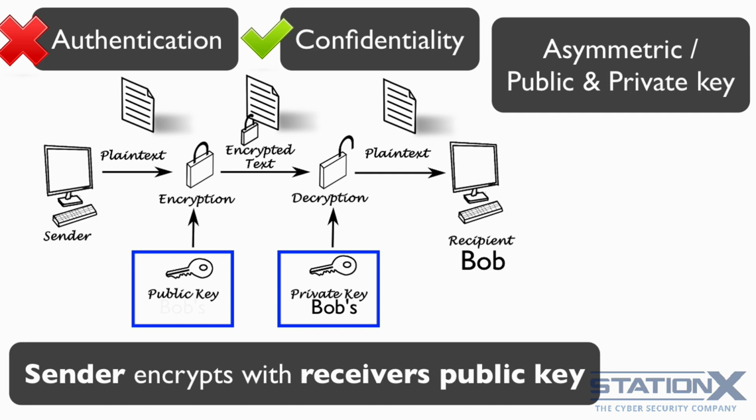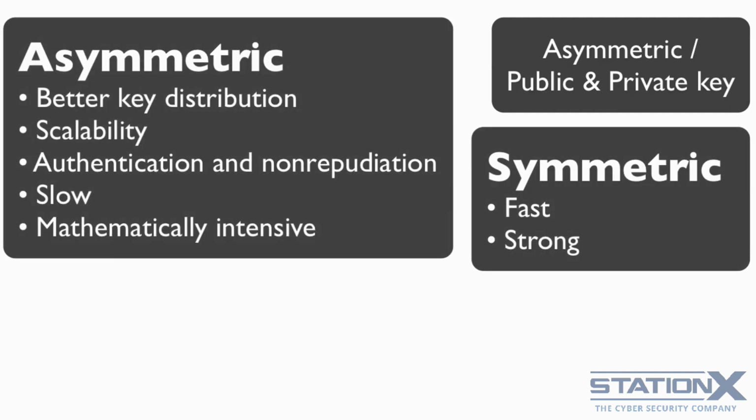But back to encryption. So when it comes to public and private key cryptography, or asymmetric encryption, there are some strengths and weaknesses. With public and private key, you have better key distribution than you do with symmetric systems. So Bob can place his public key on a site or his website, and anyone can send him encrypted messages or data that only he can read.